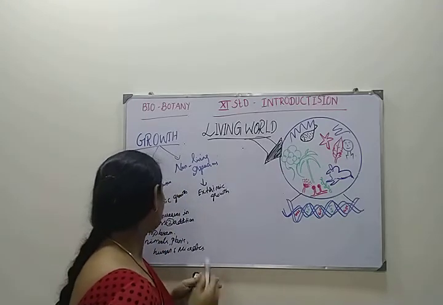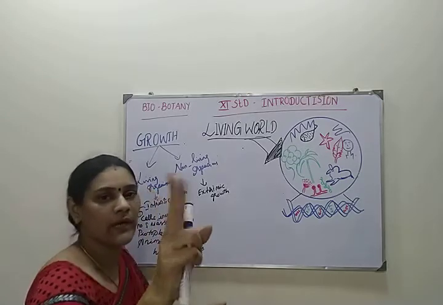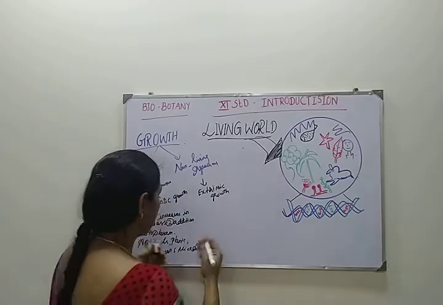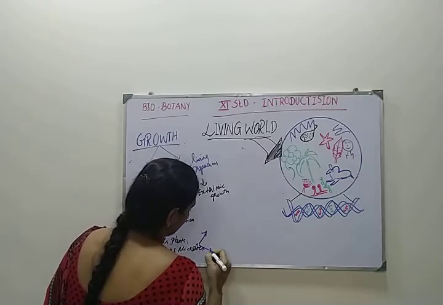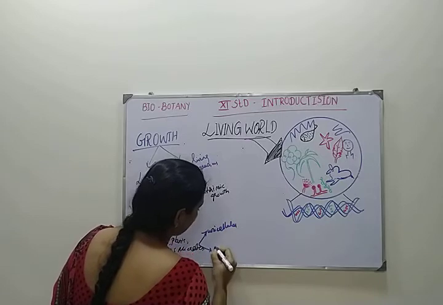In intrinsic growth you have to see 2 types of organisms: unicellular and multicellular.